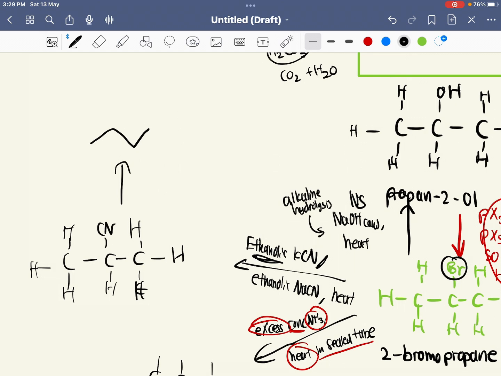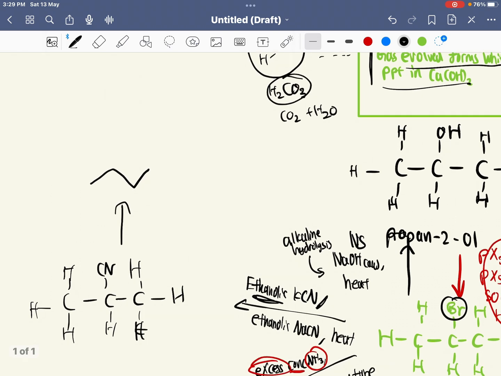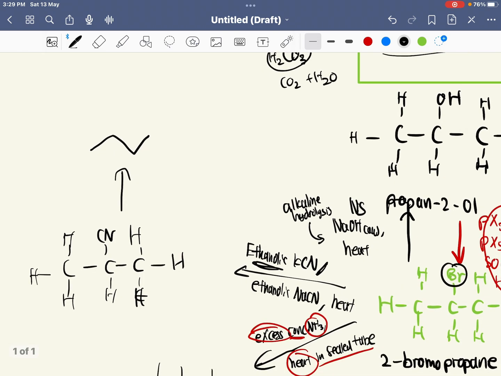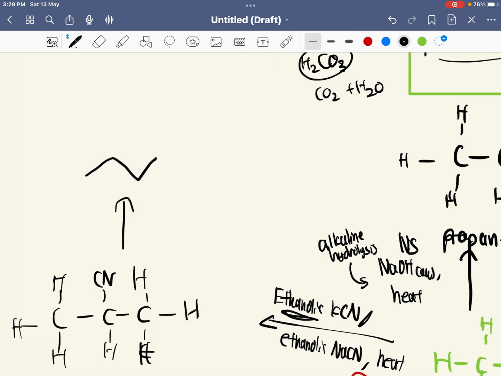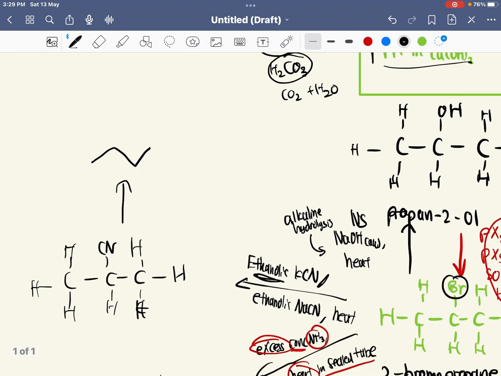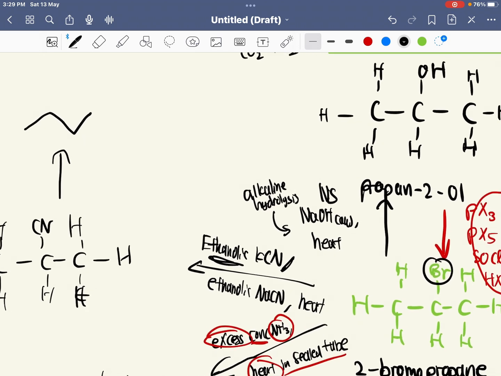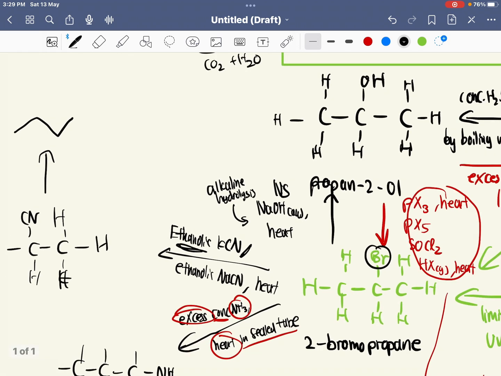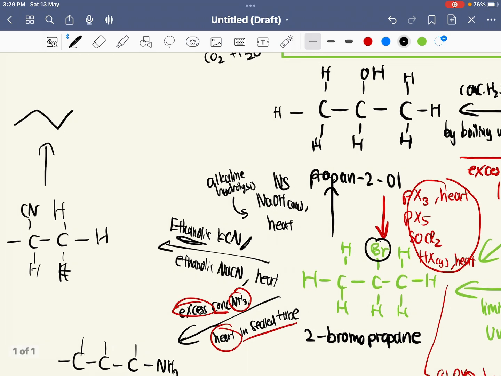This is what we call a step-up reaction: when we add 1 more carbon. For example, here I form a butane. The reagent and condition to do a nucleophilic substitution of Br for CN is ethanolic KCN, or we can use ethanolic NaCN, but we must have heat. Heat is very important.